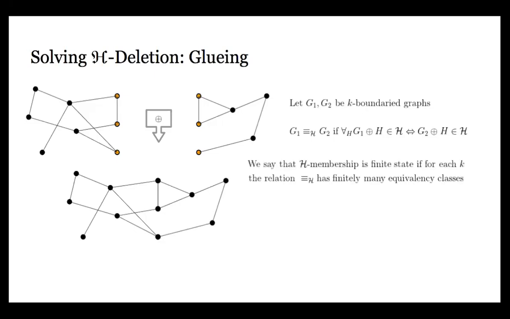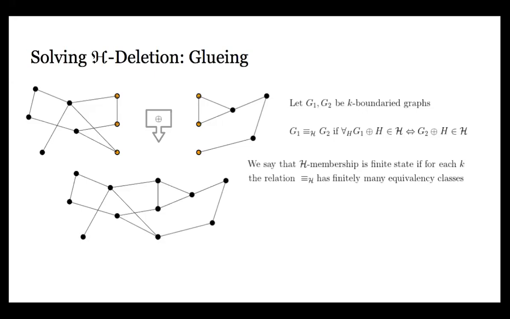And we say that H membership is finite state if for every size of boundary k, this relation has finitely many equivalence classes.